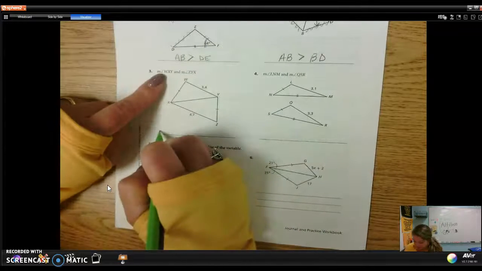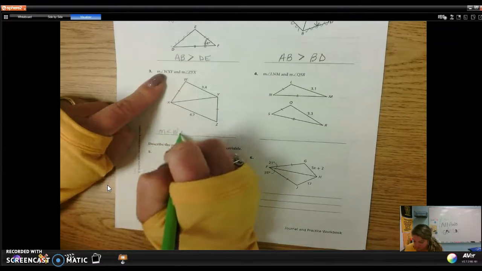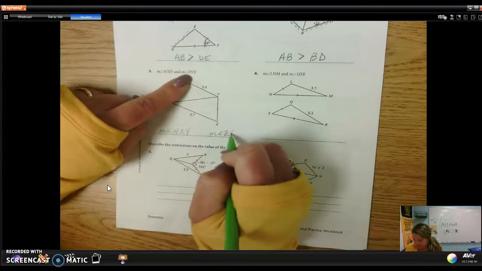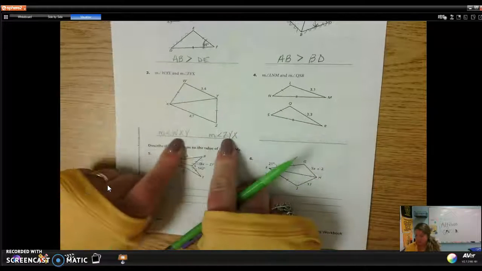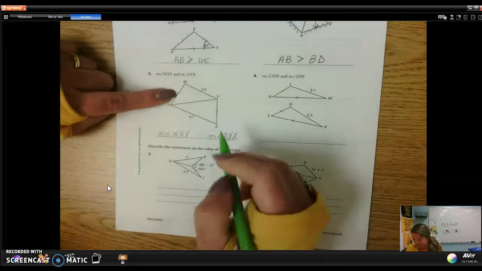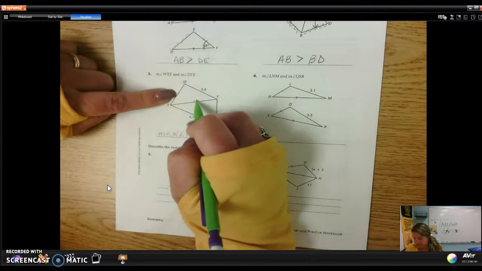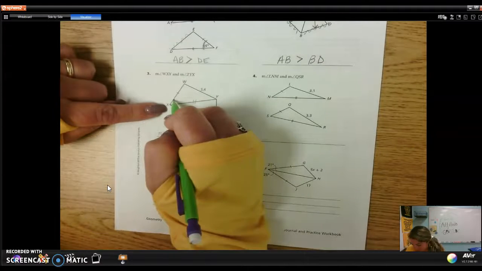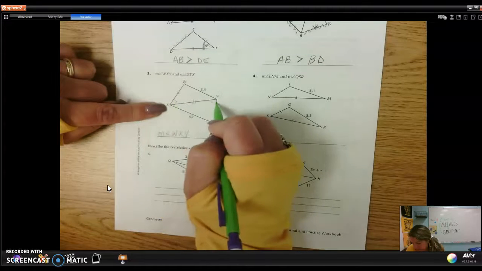We're going to compare the measure of angle WXY and the measure of angle ZYX. So again, you can write them down, leave a space. We have side. Here's my other side. Remember that reflexive property again. And then the angle in between is right here.